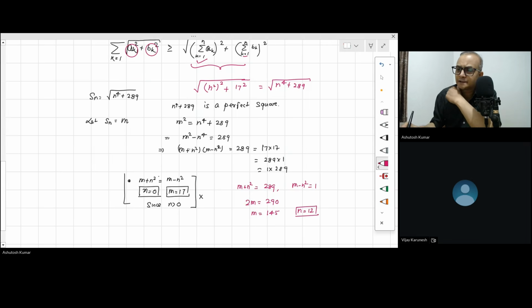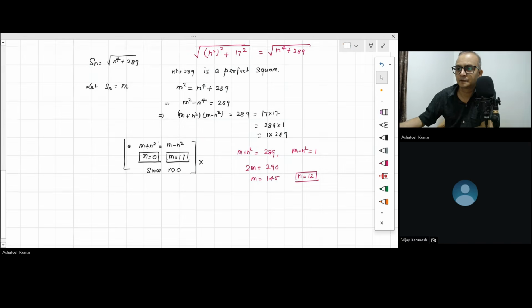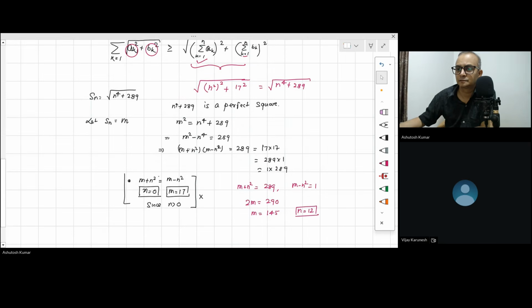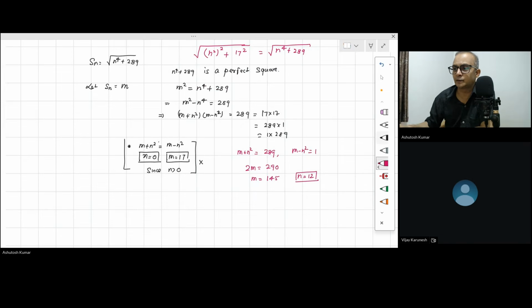Can we also do this thing? I don't think so. Let's try if it's possible. Suppose I'm taking m plus n square as 1, and then m minus n square I'm taking as 289.